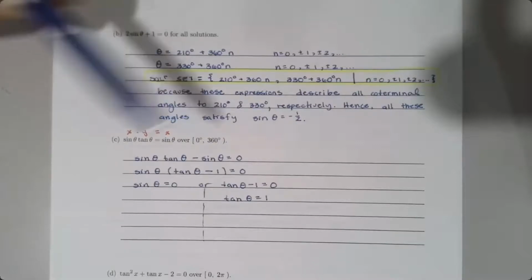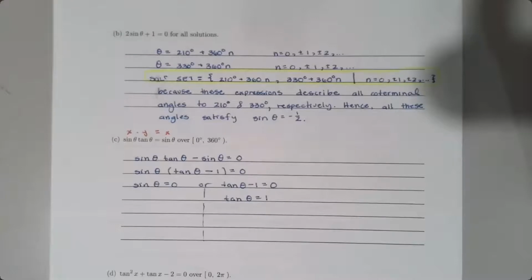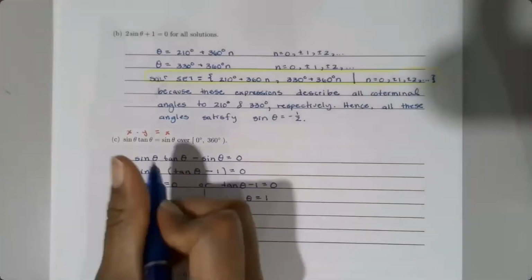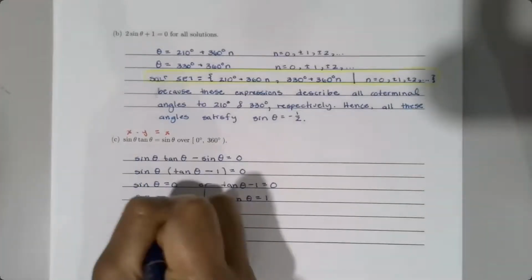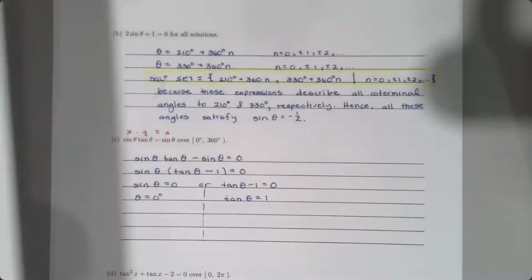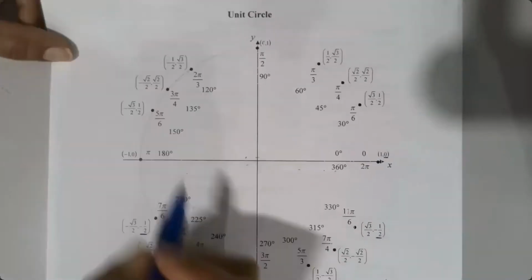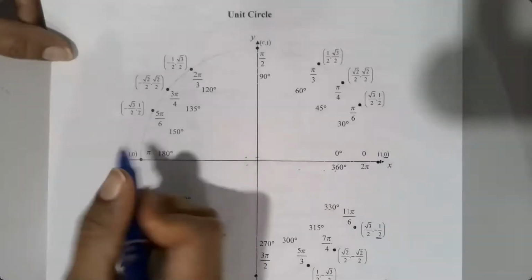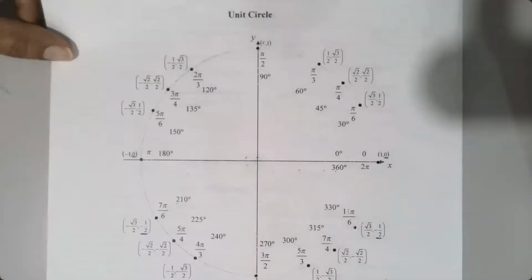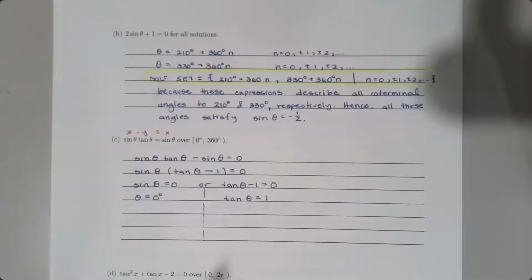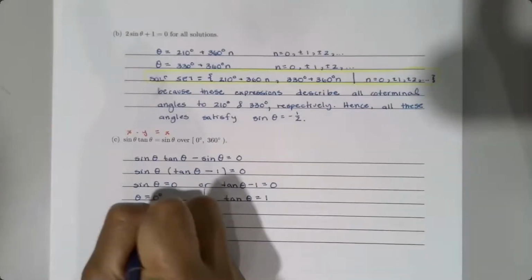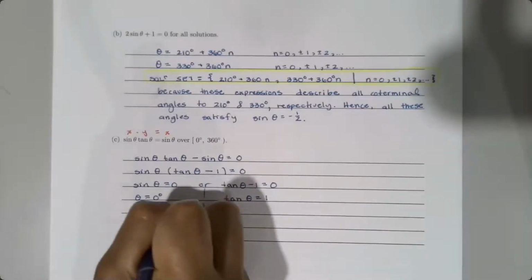So we would need to write it as 0 instead of 360. So one of them is at 0 degrees. And then, yep, thank you, very good, Manal. So then the second one would be at 180. That's where we also see sine being 0. Good. Okay, so theta is equal to 0, or theta is equal to 180.